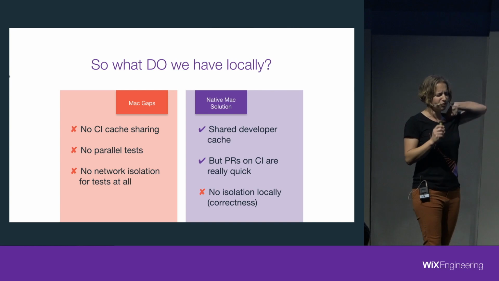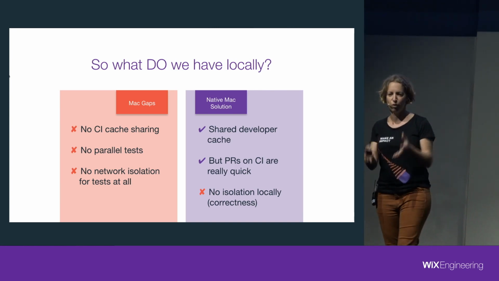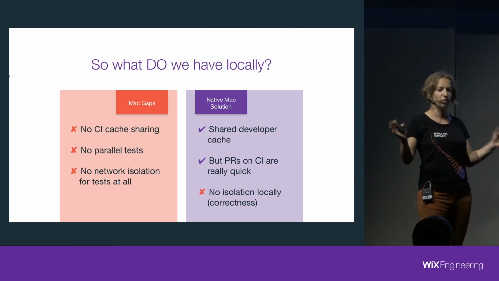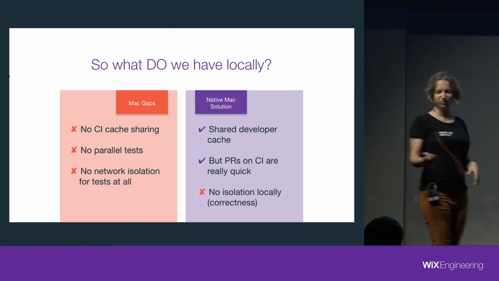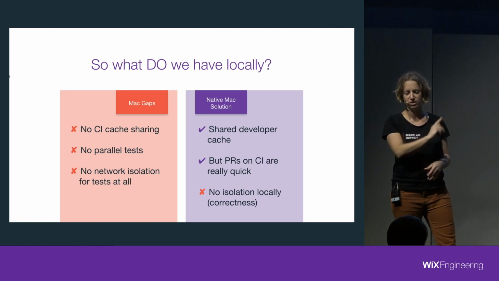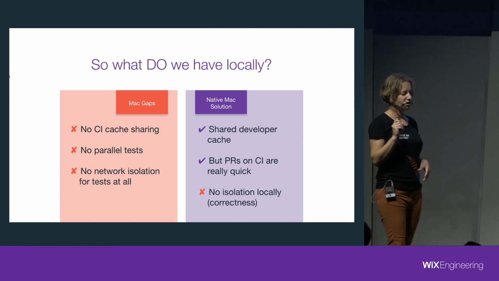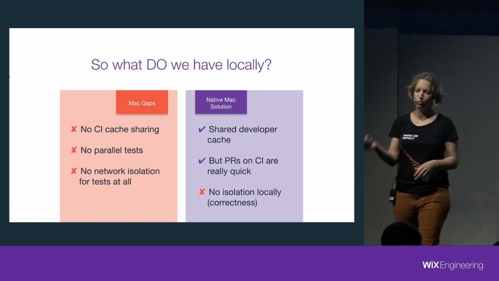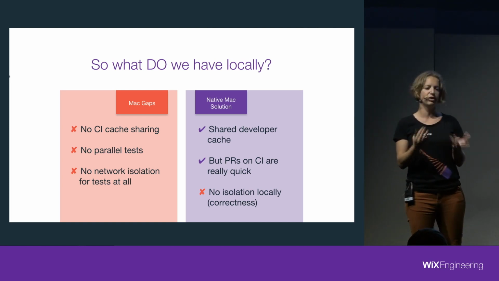And before I tell you my takeaways from this, let me just explain what we do have now, because as you know, we have moved to Bazel and everyone is using it and everything is okay, like nothing happened. So what do we have? Going back to the original gaps which made me try to build the solution. We still don't have the ability to share things from the cache of everything that is run on CI. What we do have is a shared developer cache, okay?